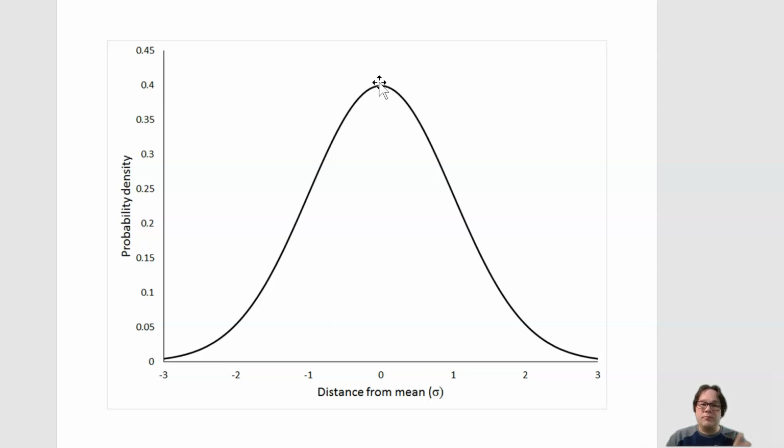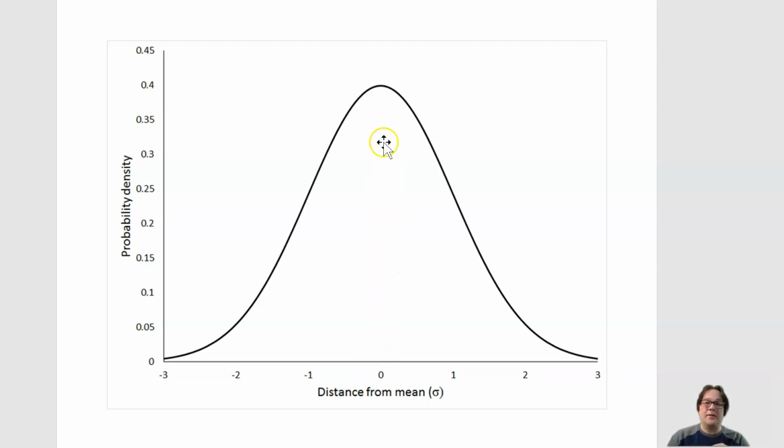It kind of makes sense why it would represent the mode, right? Because if these are just frequencies, this is the score that occurs most often, the score with the highest frequency. But through the process of standardizing scores, this score will also equal the median.